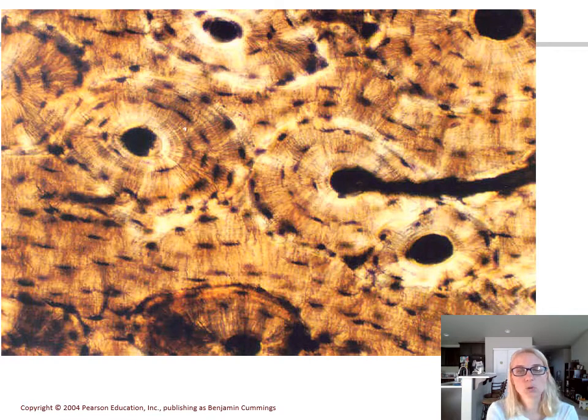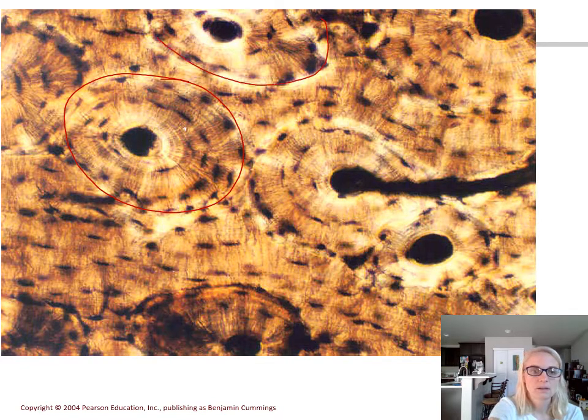So here's a very cool micrograph. You should be familiar with this. We saw bone structure in our histology in chapter 4, but now we can start adding a little bit more knowledge to this. So we can identify, I'll highlight one osteon, right? So there's an osteon. I'll circle the osteons.